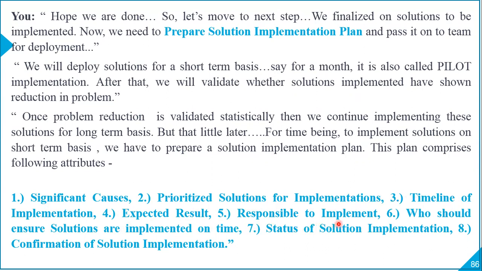Who is the responsible person to implement? 6, who should ensure that solutions are implemented on time? That is, who is accountable. 7, status of solution implementation. And 8, confirmation of solution implementation. All these 8 parameters are part of the solution implementation plan. So let's go to the next slide.